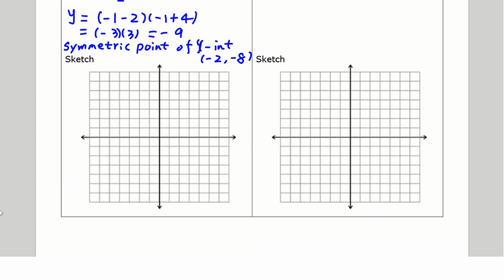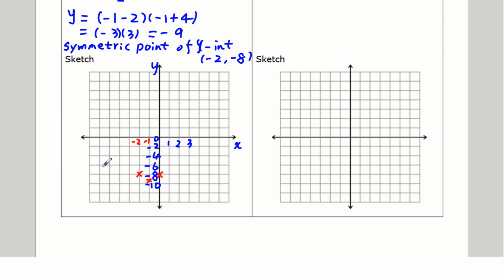So vertex (-1, -9). For the scale of the y-axis we are going to go by 2. Then on the x-axis we still go by 1. So the vertex is (-1, -9). The y-intercept is -8. The symmetric point is (-2, -8).